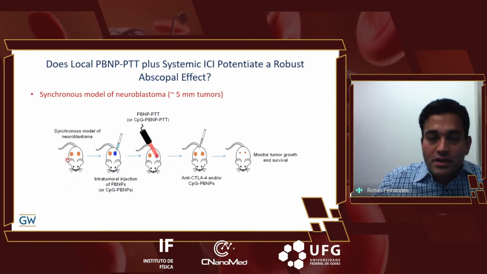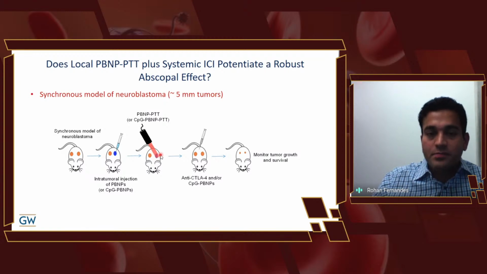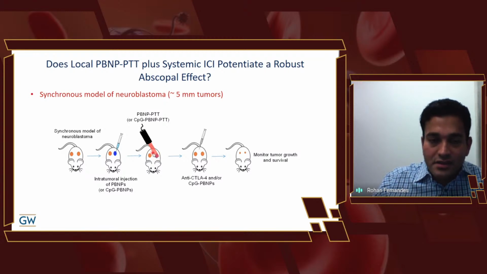So you would have an animal that was subcutaneously implanted with two palpable tumors. And then what we did was we injected either the PBNPs or CpG PBNPs into the single tumor and not the second one. We irradiated the first tumor that was injected with the PBNPs or CpG PBNPs with the laser to deliver PTT.